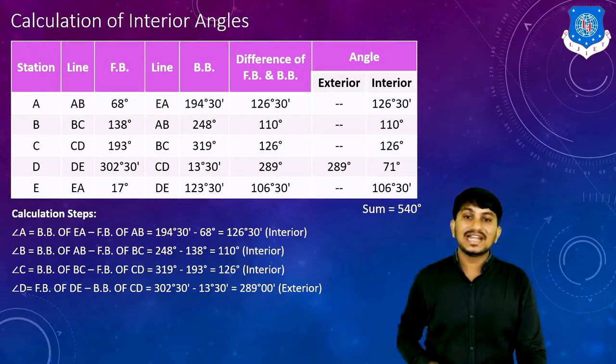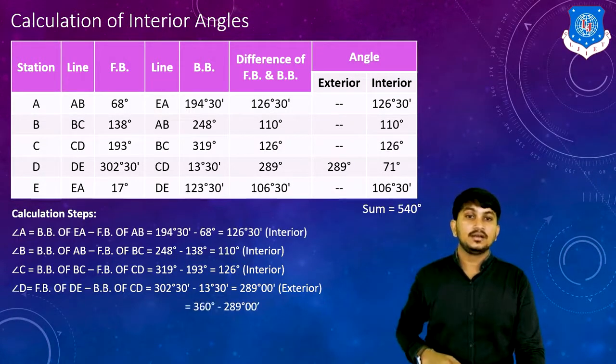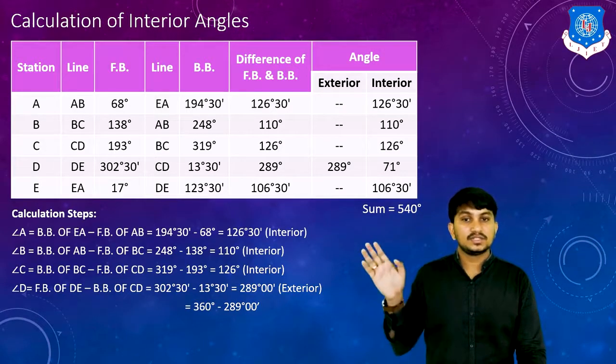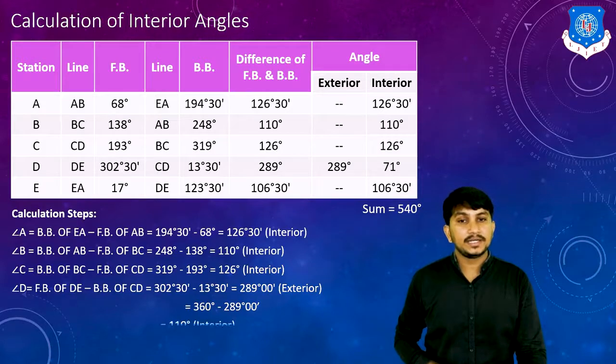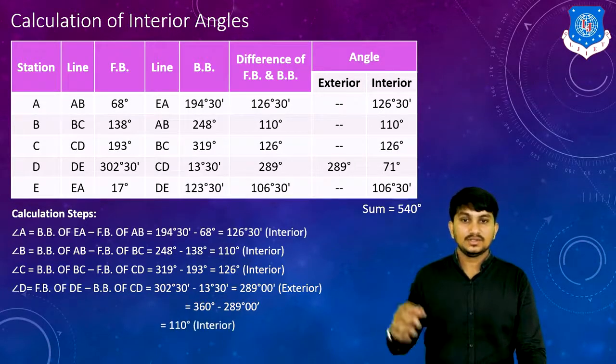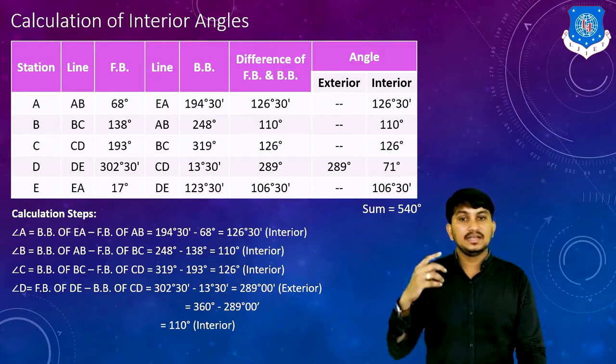The difference is 289 degree, which is an exterior angle. So we have to convert this exterior angle into interior angle by deducting this value from 360 degree. Sorry, 360 degree minus 289 degree, which is 71 degree.